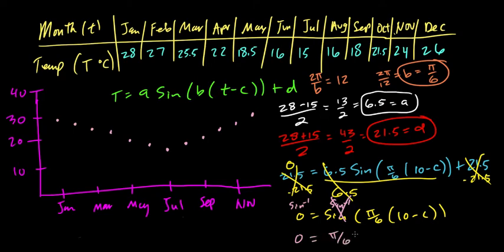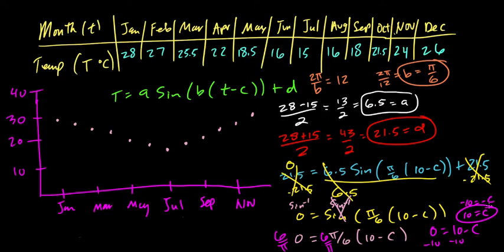Pi over 6 times 10 minus C. If we multiply by 6 over pi, that's still 0. Minus 10, negative 10 equals negative C, so 10 equals C.